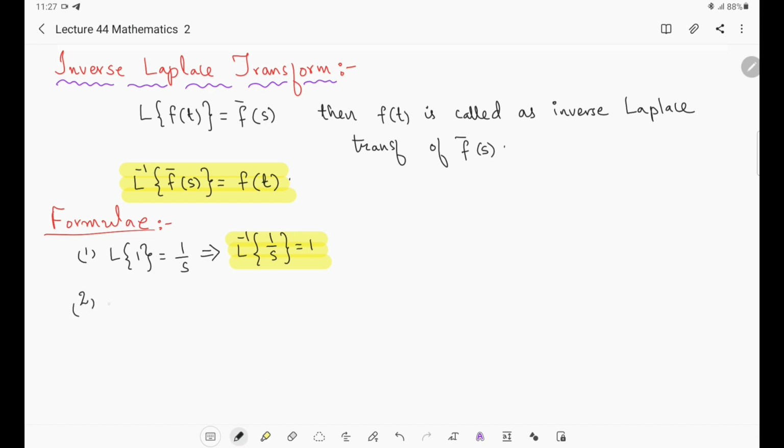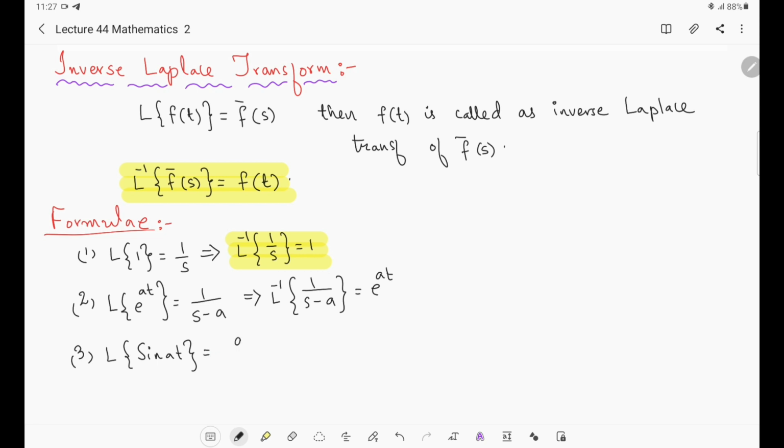The second formula that we have seen is Laplace transform of e power at, which is given by 1 by s minus a. Then if we invert this, inverse Laplace transform of 1 by s minus a is given by e power at. The same way, the third formula that we have seen was Laplace transform of sin at is given by a by s square plus a square.